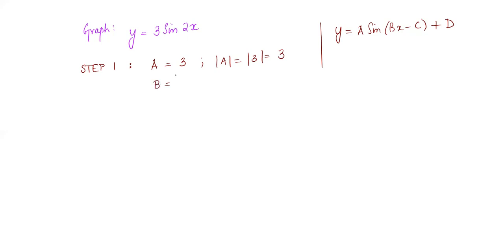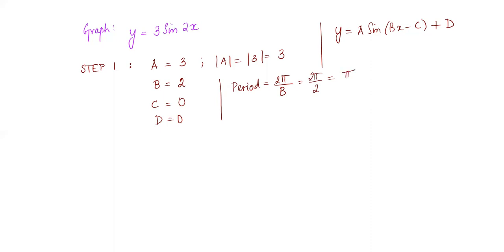B, do we have a B? Yes, we actually have a B. There's a coefficient for x, that is your B. C, there is no C. D, there is no D. As I mentioned, you need the B to find your period and also to find your phase shift. So period is 2 pi over B. Let's remember that. 2 pi over 2, B is 2. So that means my period is pi.